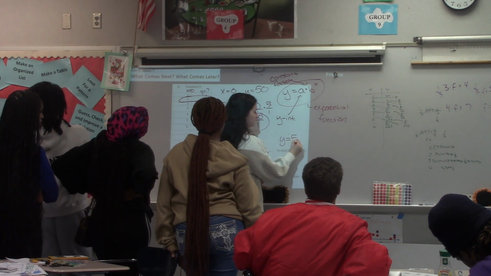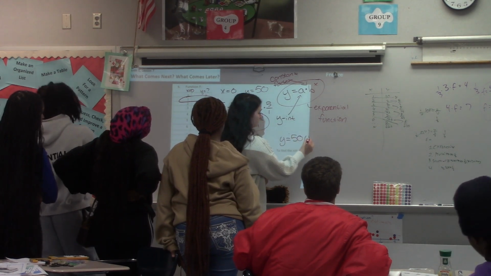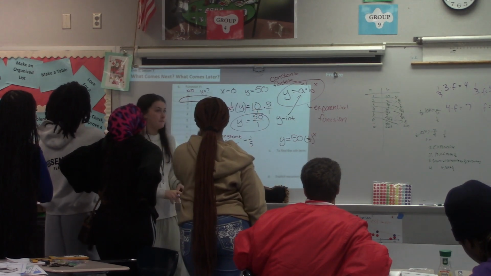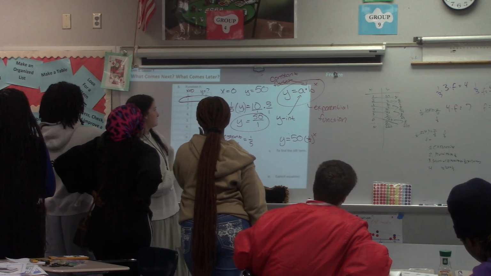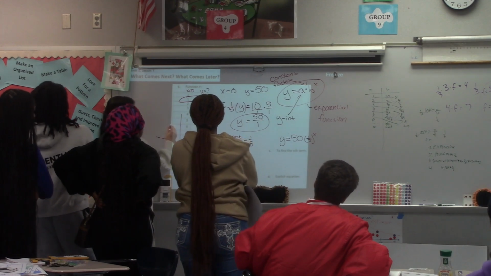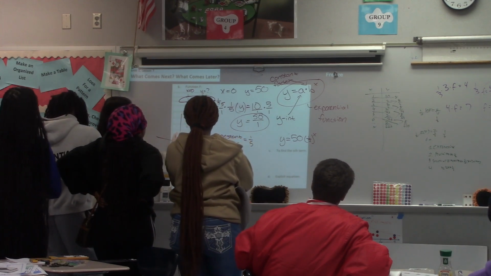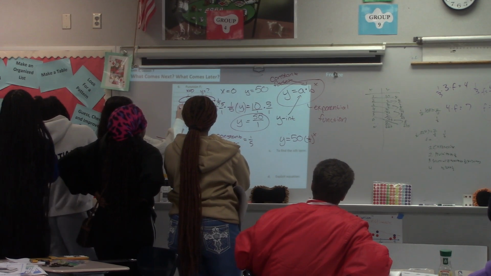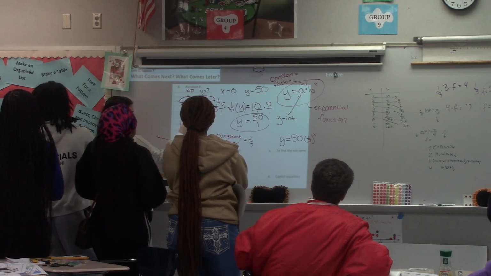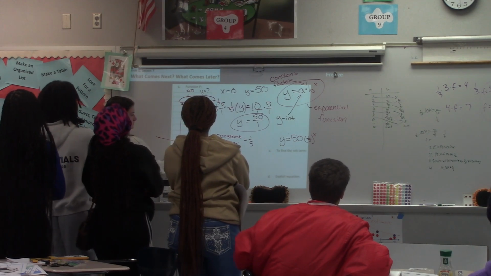Y equals 50 times 1/5 to the x. To the x. Alright? I want us to have that down. And now you can see how this is starting to look. Our y-intercept is 50. Way up here. 1, 10. 2, 2.